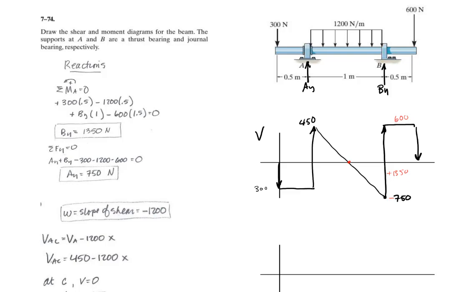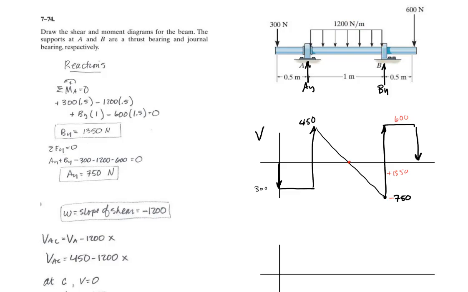Now, let's find out an equation for this line. And that's pretty easy. It's a straight line. And I know that straight lines have a y is equal to mx plus b kind of thing. So let's just say that the slope is going to be the value of the distributed force.